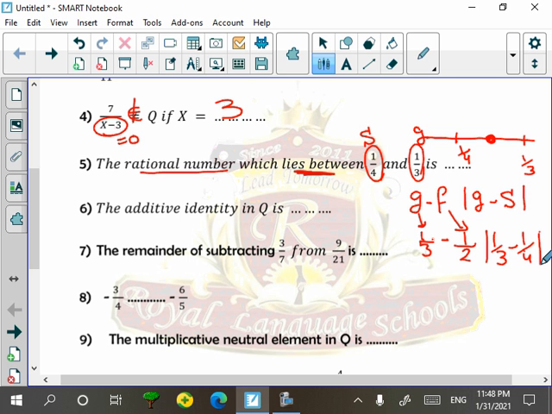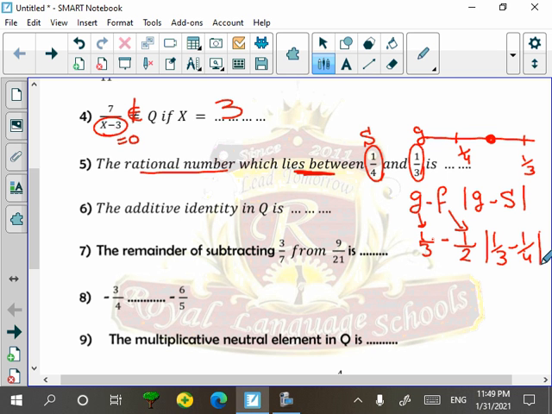Writing this on the calculator: 1 over 3 minus 1 over 2 times the absolute value of 1 over 3 minus 1 over 4.